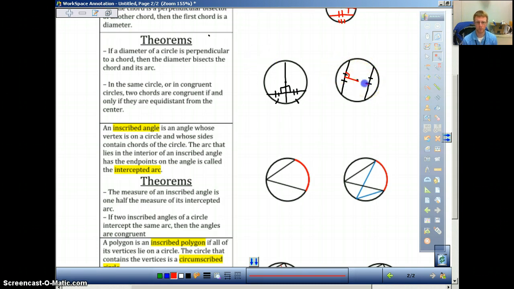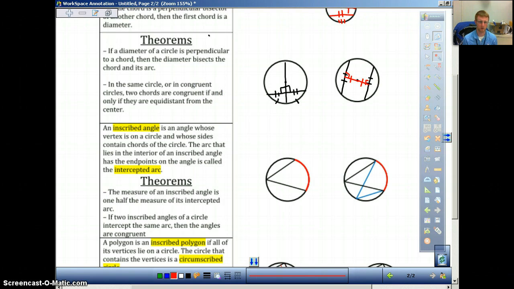So if 2 lines are perpendicular to our chords and go to the center and they're the same distance away, then the chords are going to be equal. These chords are congruent if the lines going to the center from those chords are congruent as well. And again, keep in mind it's got to create a right angle for both of them. Okay? So again, pretty basic, pretty straightforward.